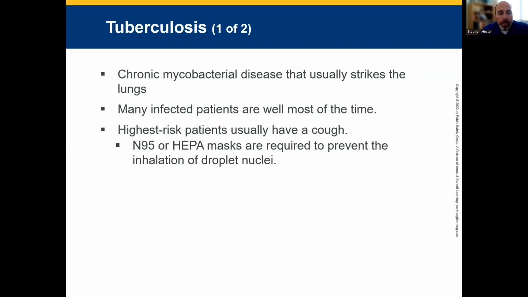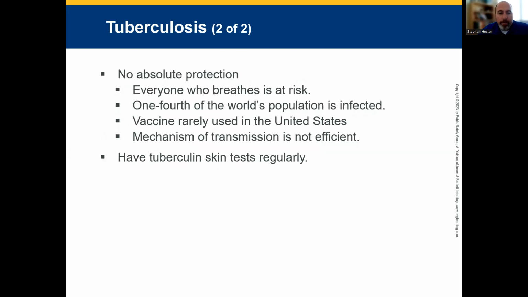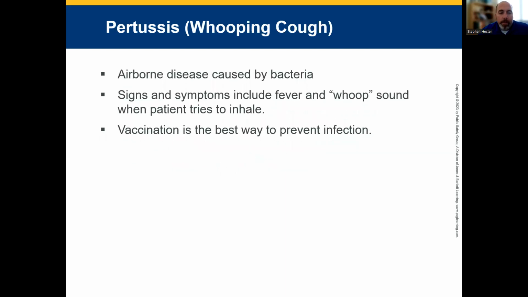TB: make sure they're wearing the N95. If you're wearing an N95, make sure the ambulance is free flowing and not on a closed air system. We should be having TB tests done yearly just to make sure. Pertussis is the whooping cough.